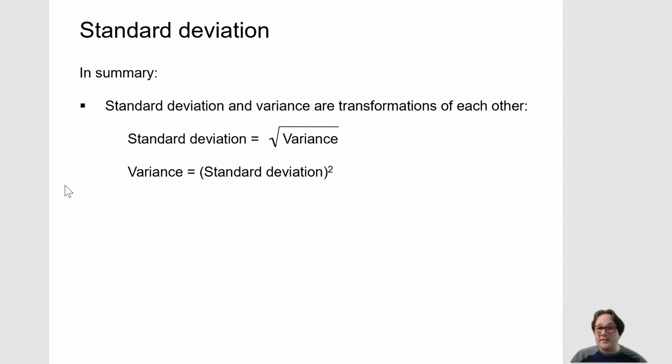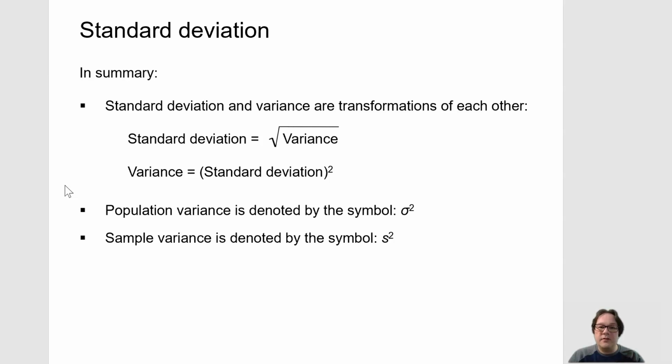As I just said, here's an illustration, or I have it written out. The standard deviation and variance are just transformations of each other. So standard deviation will equal the square root of variance, and variance is simply standard deviation squared. You could go back and forth with standard deviation and variance. Population variance is denoted by sigma squared.